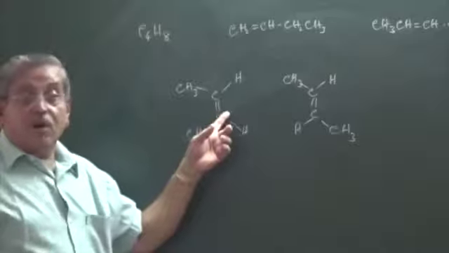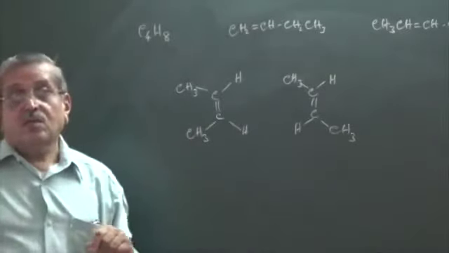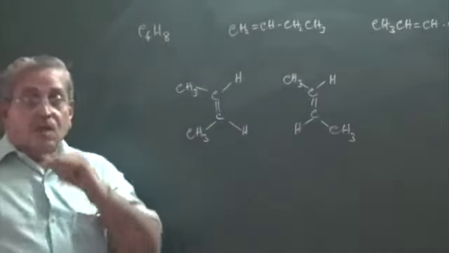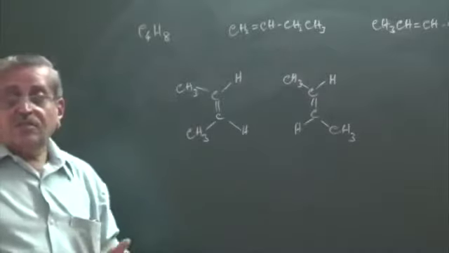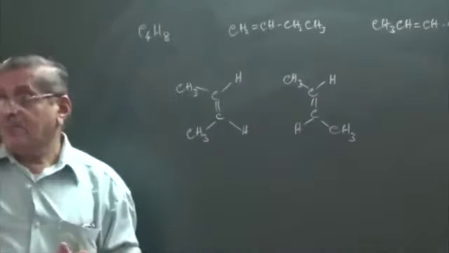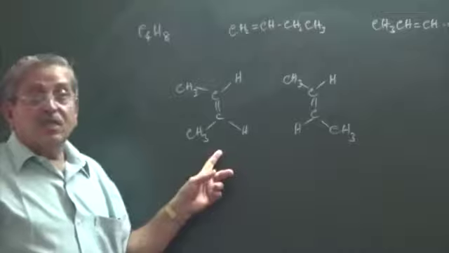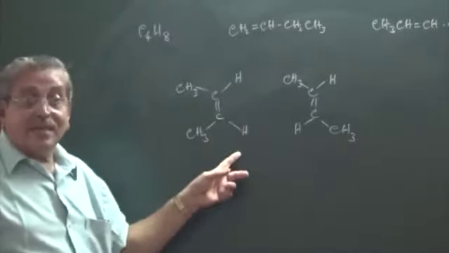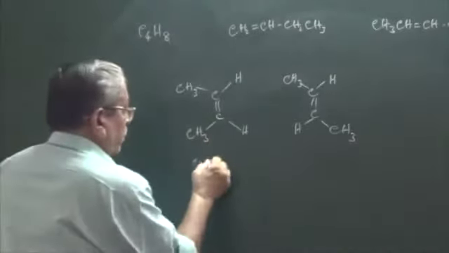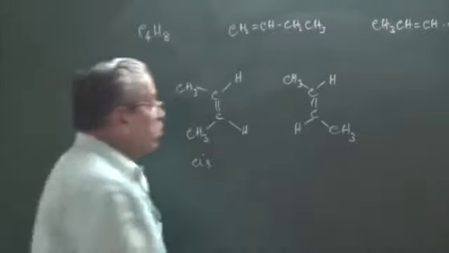But about a double bond there is restricted rotation. Due to this, these two are different. The first compound, in which similar atoms or groups are on the same side, is called the cis form. The other one is called the trans form.